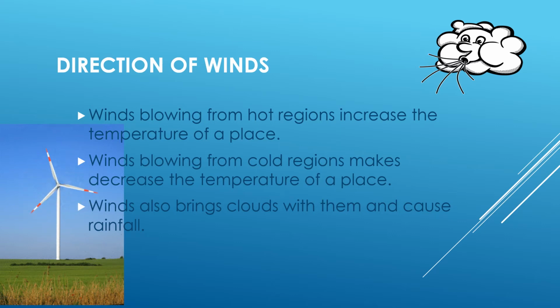But in winters, Delhi is very cold because at that time Delhi receives cold winds from the northern mountains, from the Himalayas. That is why we say that winds blowing from the sea make the lands close to the sea cool and moist. Sometimes winds are also responsible for rainfall because they bring clouds with them.